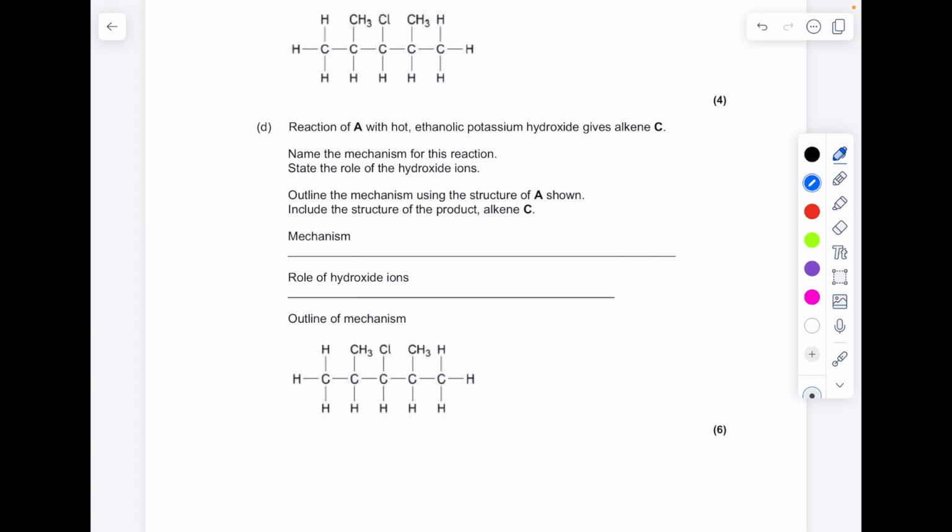Reaction of A with hot ethanolic potassium hydroxide gives alkene C. This is A, by the way. Name the mechanism, state the role of the hydroxide ions, outline the mechanism using the structure of A shown, and include the structure of the product C. So it's elimination. I already taught you previously that the hydroxide ions in this case are acting as a base.